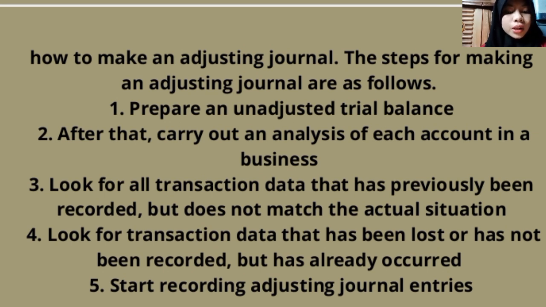Number three, look for all transaction data that has previously been recorded but does not match the actual situation. Number four, look for transaction data that has been lost or has not been recorded but has already occurred. Number five, start recording the adjusting journal entries.